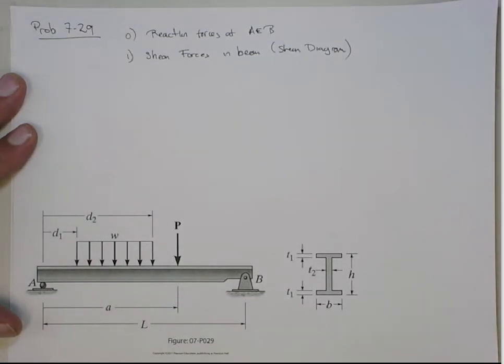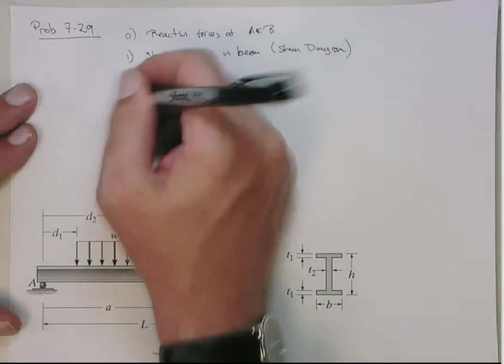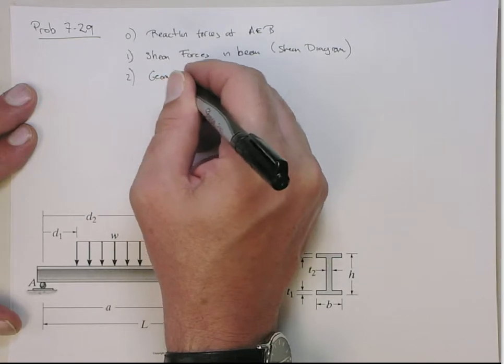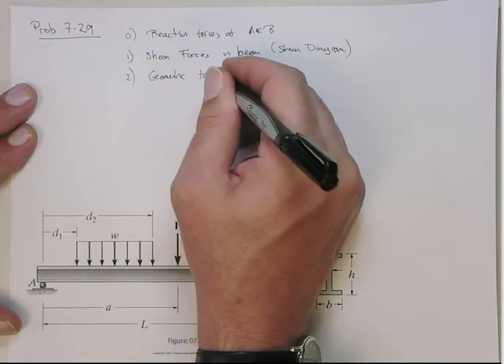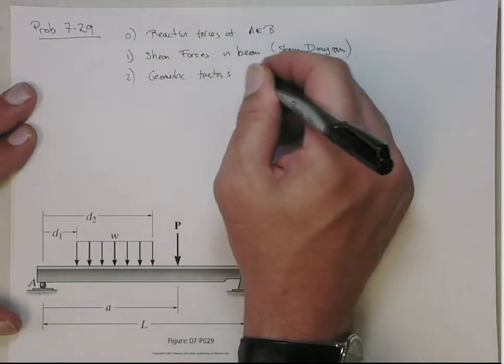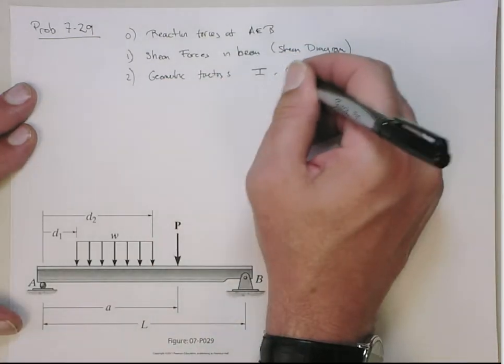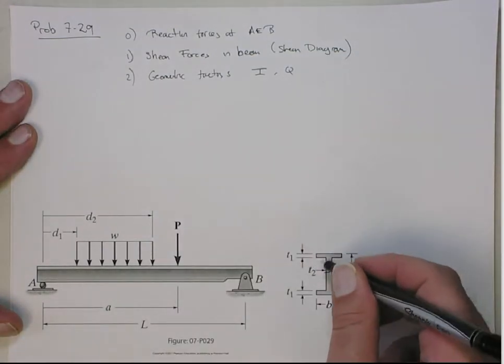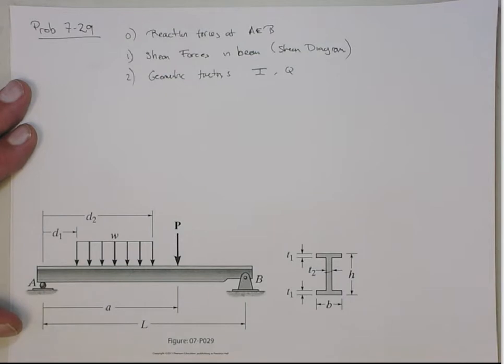Once you know the shear forces in the beam, you'll need to compute the geometric factors. There are 2 we'll have to do. We'll have to compute the I and the Q, and that's the Q for the max Q at the midplane, right? That's the Q of the upper half of the beam.